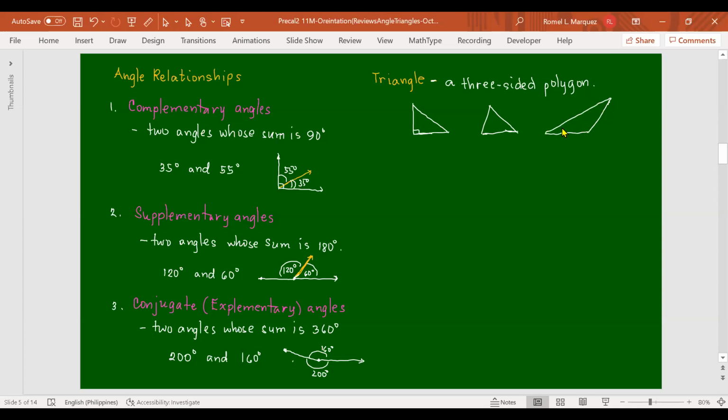So these are just some of the possible triangles, no? What do you see common to these triangles? Mark? Clarence? Main or primary parts. Primary parts of a triangle.